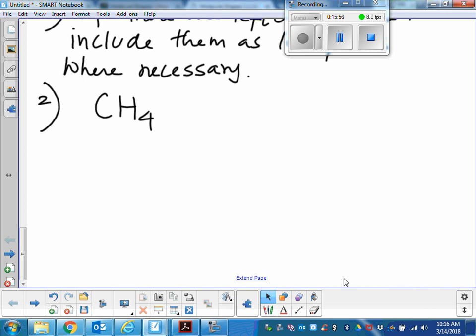Draw the Lewis dot structure. What is step 1? Count the number of valence electrons. Have a symmetrical arrangement. Have at least a bond and then distribute the lone pairs if necessary. The electrons have to add up to 8.